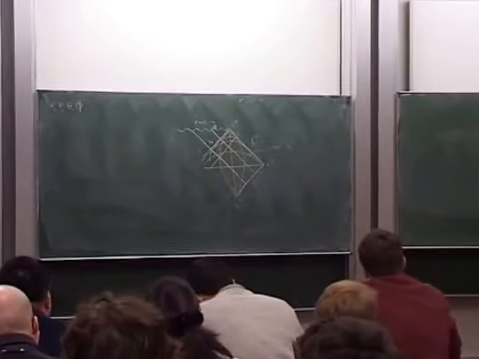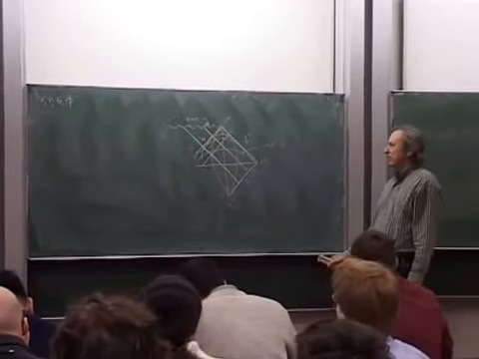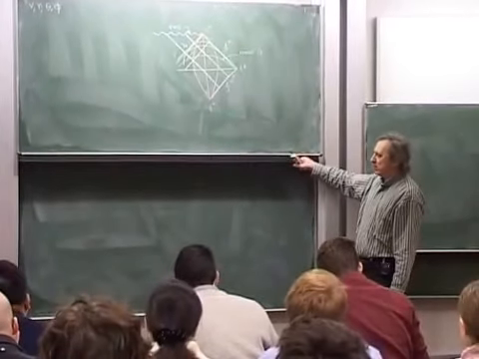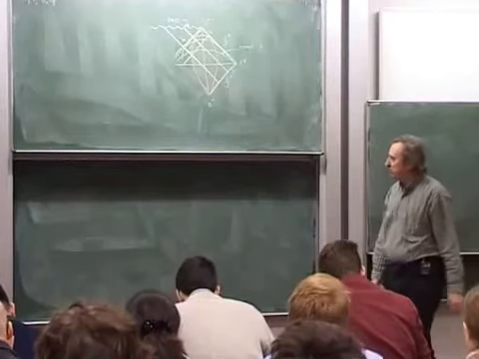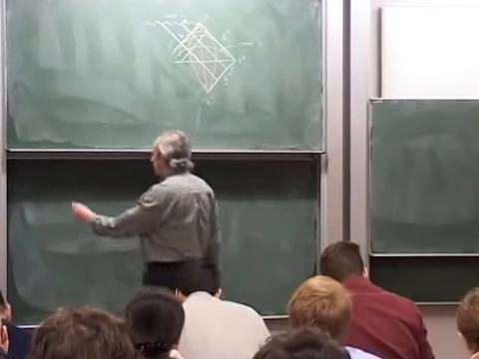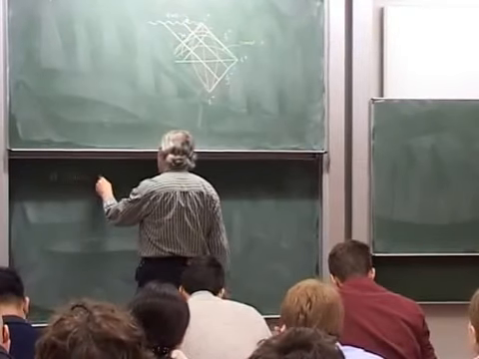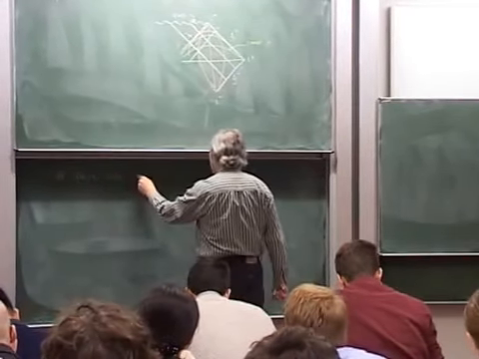And that's the basic point about black holes. There are regions of space-time which you cannot probe from the outside. So a black hole in general is bounded by a horizon.